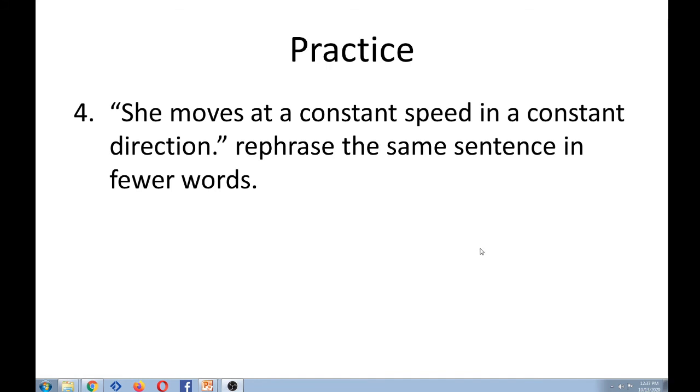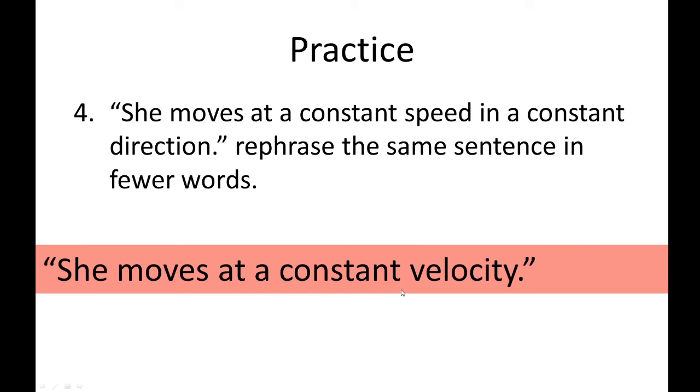Speed refers to magnitude only, and direction together with speed refers to a vector quantity, velocity. Since the magnitude and direction are constant, then we could say that she moves at a constant velocity.